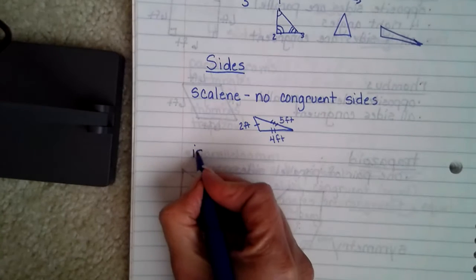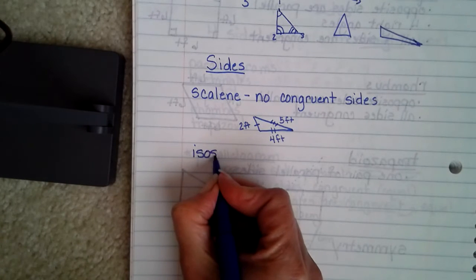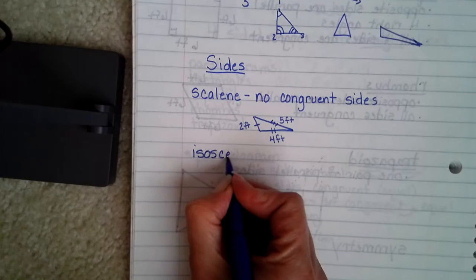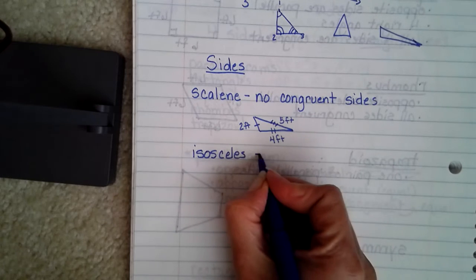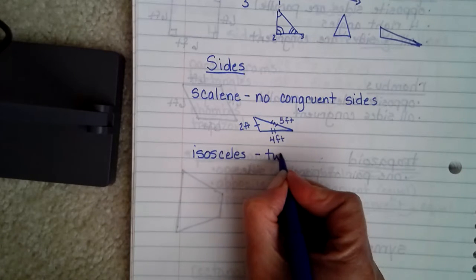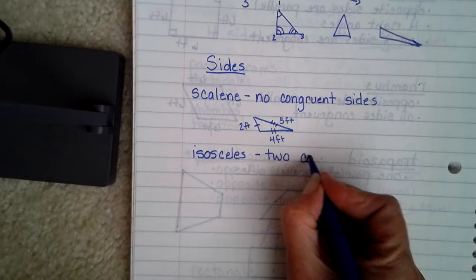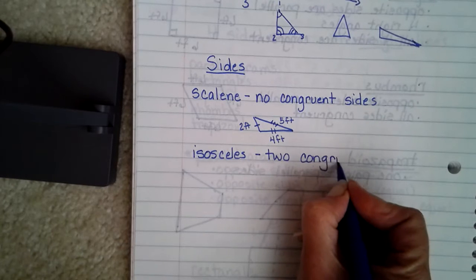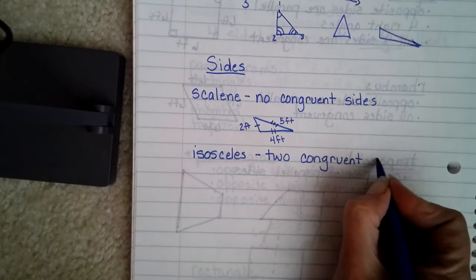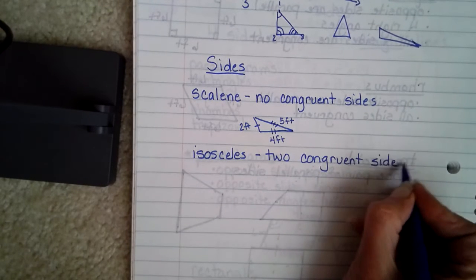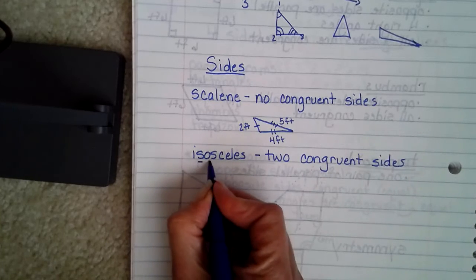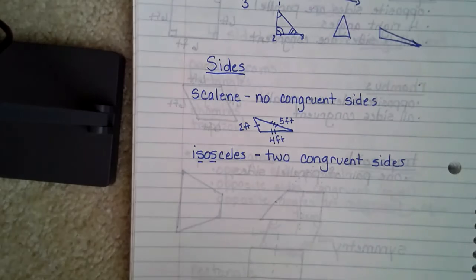The second one is called an isosceles. And this is where two sides are the same. So it has two congruent sides. One of the ways that I remember isosceles is it has these two S's in there next to each other with an O in between.